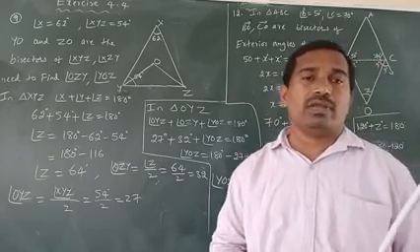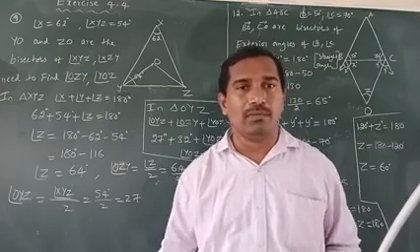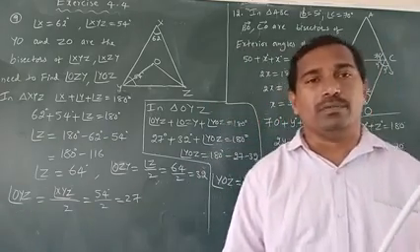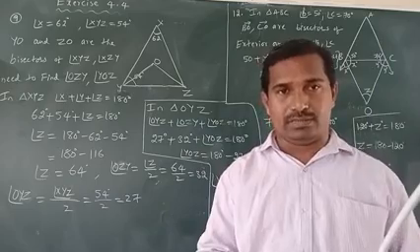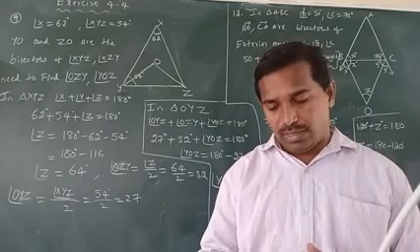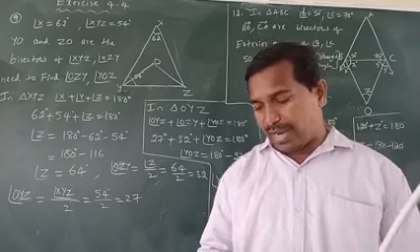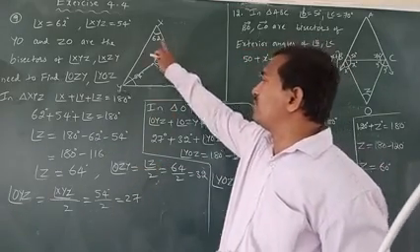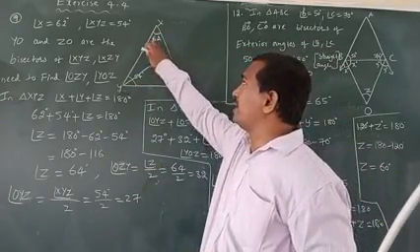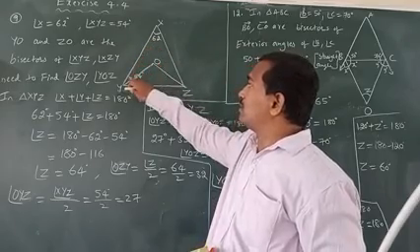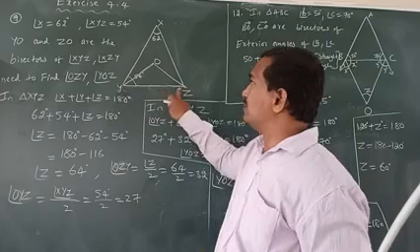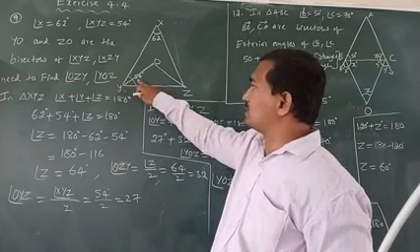Whenever I am explaining a problem, first you have to read the problem. What are you getting? So see the 9th one. In the given figure, the angle X is 62 degrees. This angle XYZ is 54 degrees.